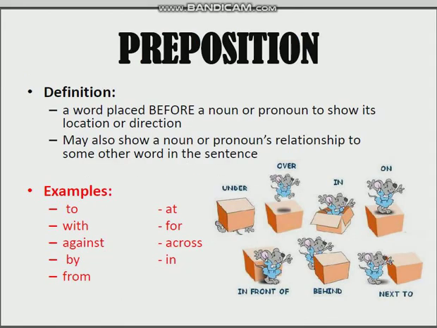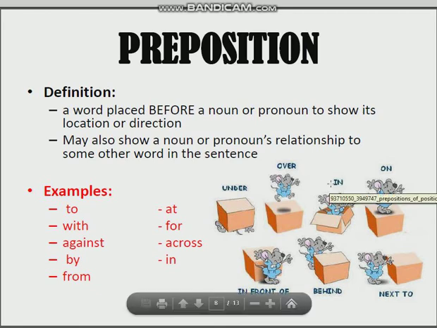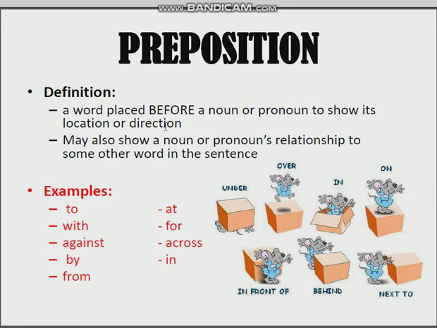Now let's talk about another one, that is preposition. Preposition tells the position, it adds relation between one object and another object. A word placed before a noun or a pronoun to show its location or direction is called a preposition. It may also show a noun or pronoun's relationship. Remember, it shows the relationship.